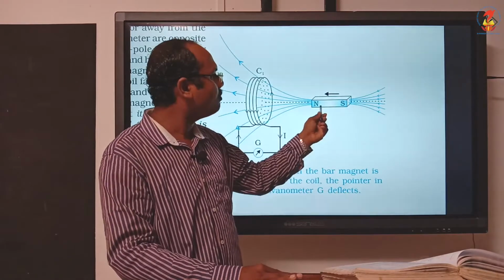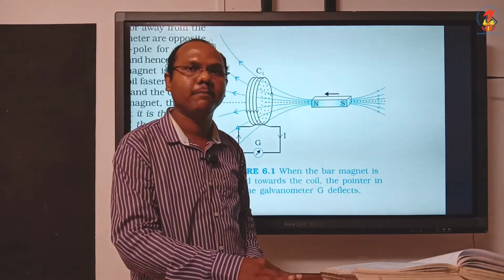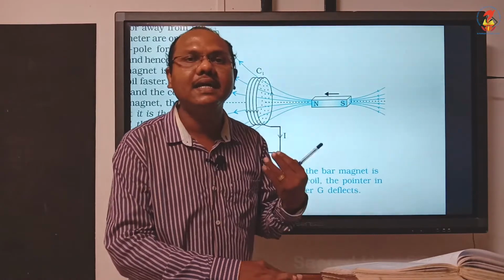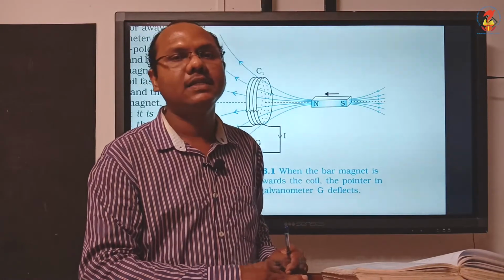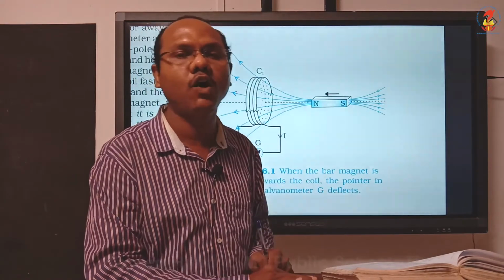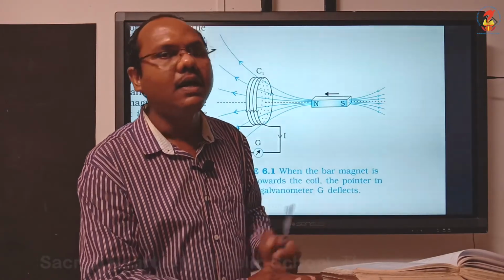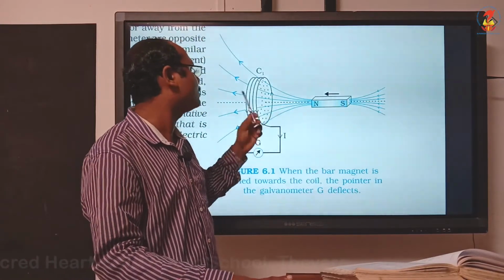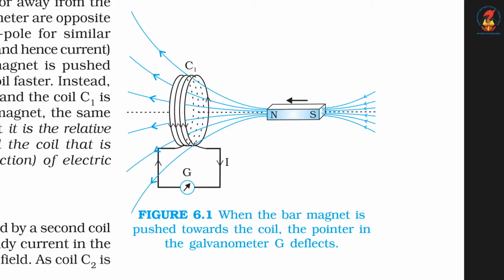Again, when he moved this magnet away from the coil, there is a decrease in the magnetic flux and current is induced in the coil again, but in the opposite direction. Now you can look at the direction of the current which is formed in the coil. When we look from the side where the magnet is introduced, you can see that as the north pole of the magnet is introduced into the coil, the current in the coil is flowing in the anti-clockwise direction.